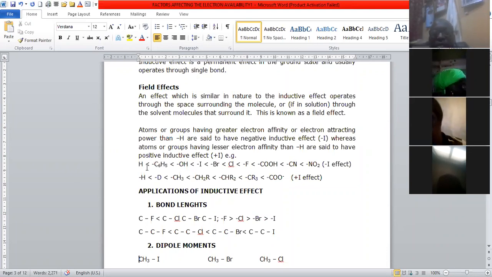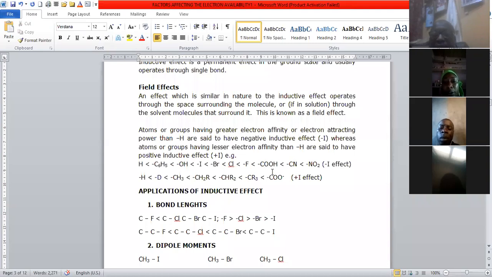If you look at the first chart here, you see that hydrogen is less than phenyl. Phenyl is less than hydroxyl. Hydroxyl is less than iodine. Iodine is less than bromine. Bromine is less than chlorine. Chlorine is less than fluorine.